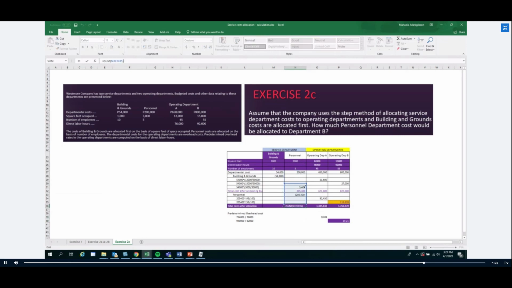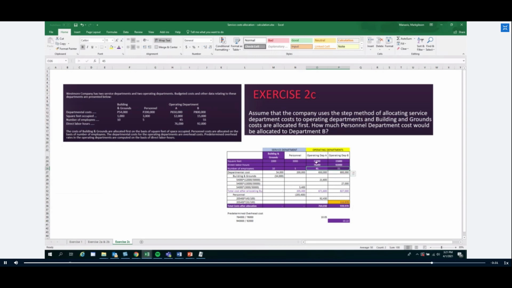Alisin ko to kasi dapat dito na lang siya. Yan. Okay. So, paano yun? So, meron kang 205,400 na i-allocate between Department A and B on the basis of what? Number of employees. So, dito ka pa rin. So, 100, no? So, 205,400 multiplied by 45. 45 is number of employees in operating Department A over 100.